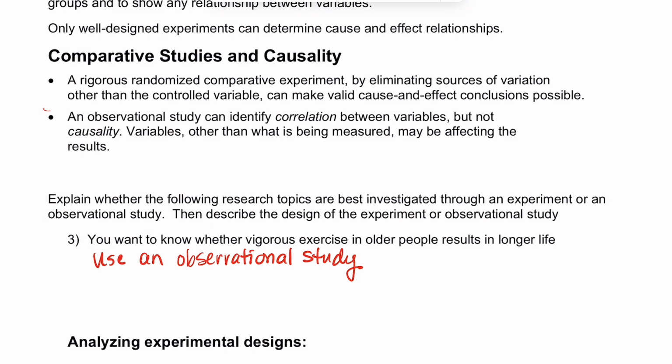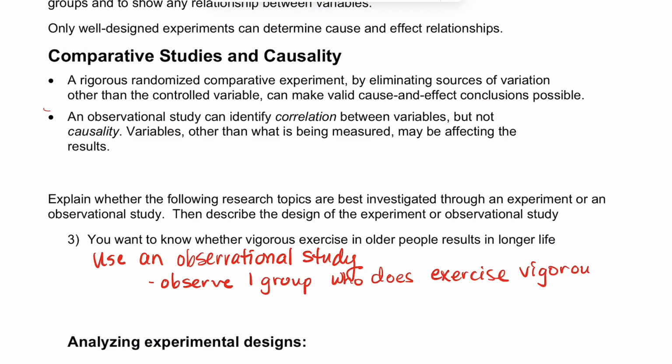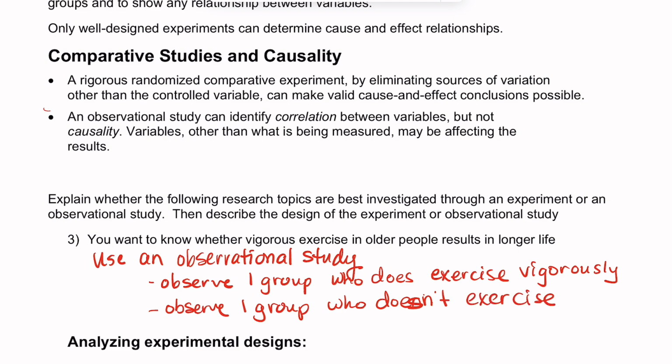So you would observe one group who does exercise vigorously, and then observe one group who doesn't exercise vigorously.